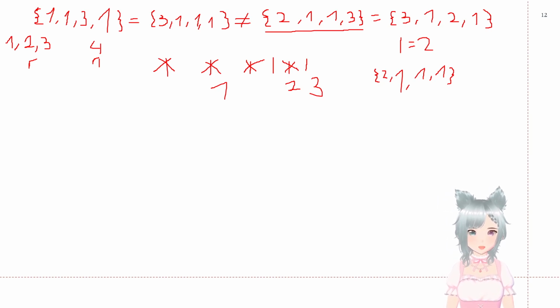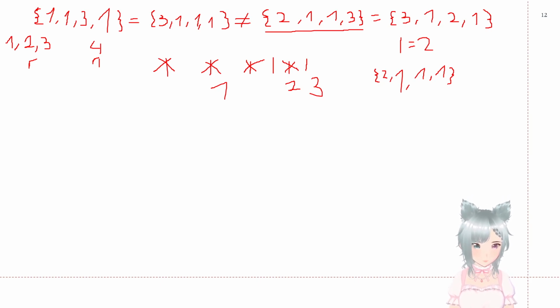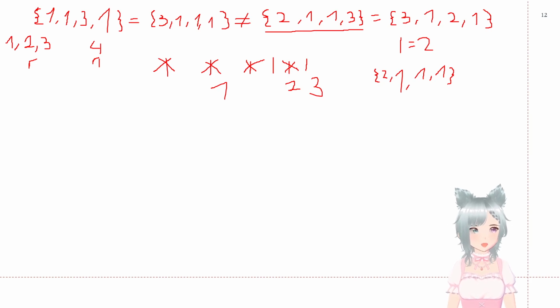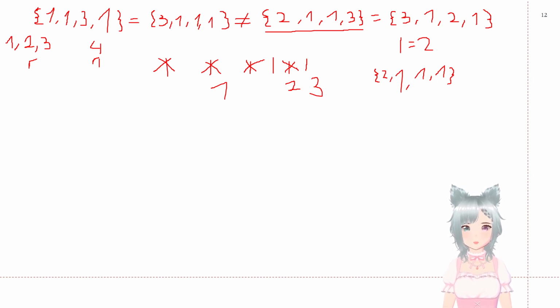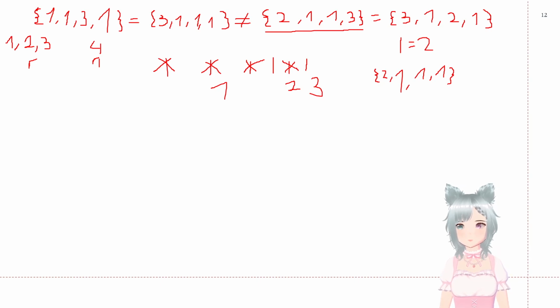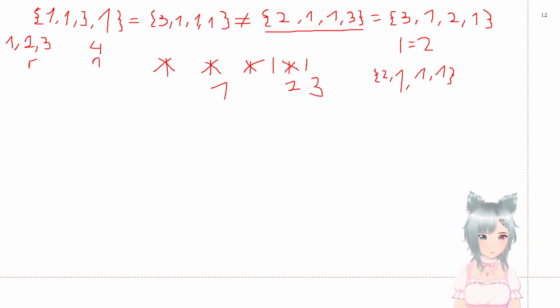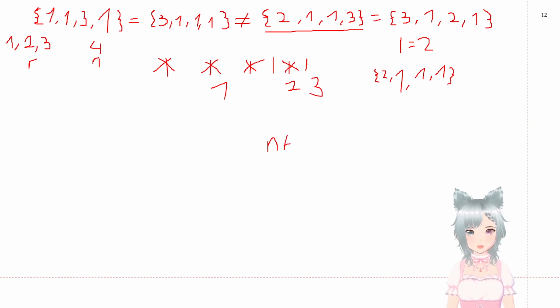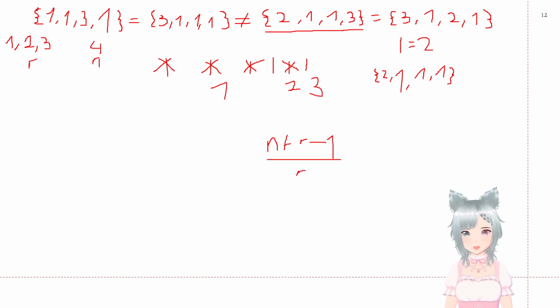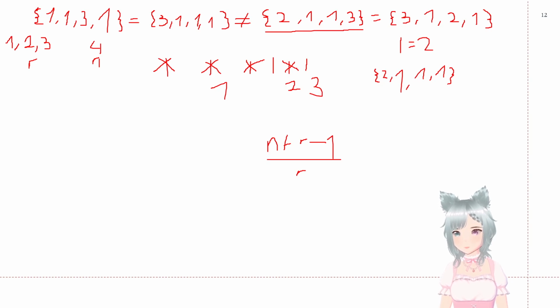So now every element of this is determined by where we put our lines. So it's completely determined by n positions within a set of n plus r minus 1. So we would have n plus r minus 1 choose r, of course.